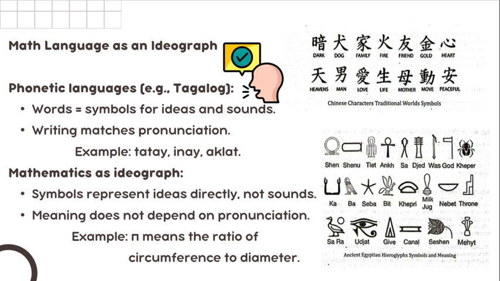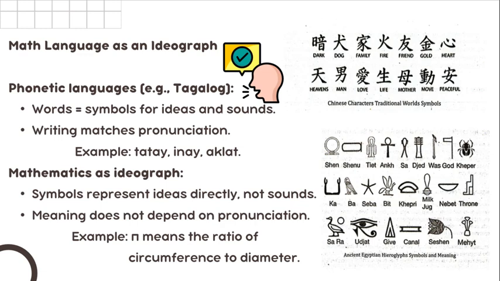To effectively describe how math language came to be an ideograph or ideogram, let us compare it with a language that is not an ideograph. So, let us compare it to a phonetic language like Tagalog, for example, or ang nadariya sa picture is kaning Chinese.